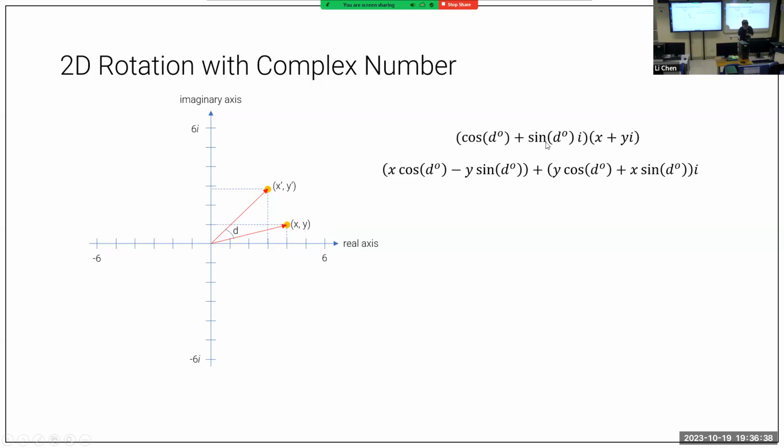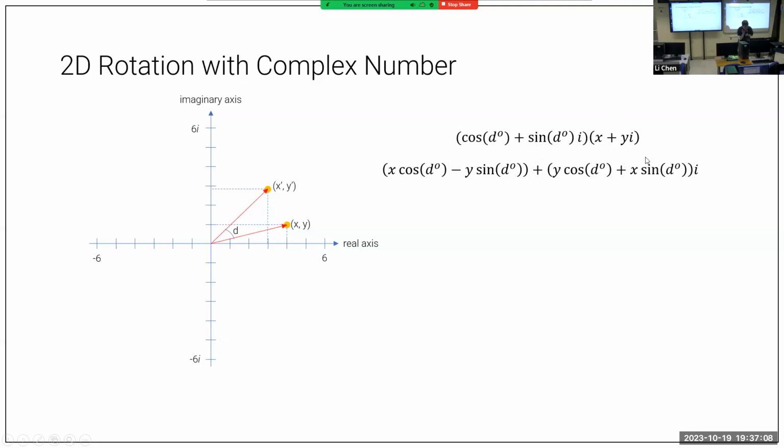And this part is the rotation, which you have to memorize, but it's very straightforward: cosine d plus sine d times i. Then we just do this calculation, manipulate the formula, and we will get something real plus something imaginary.